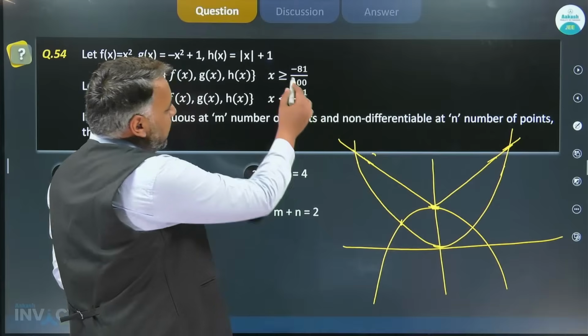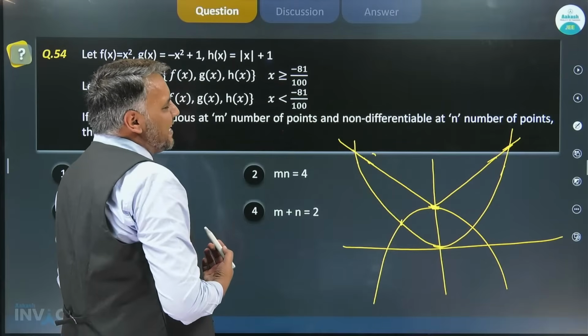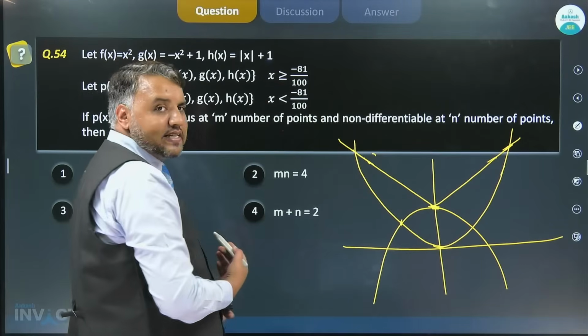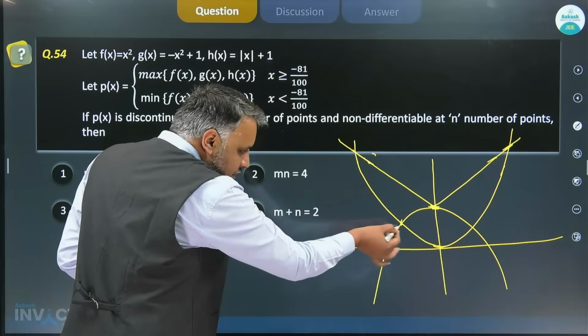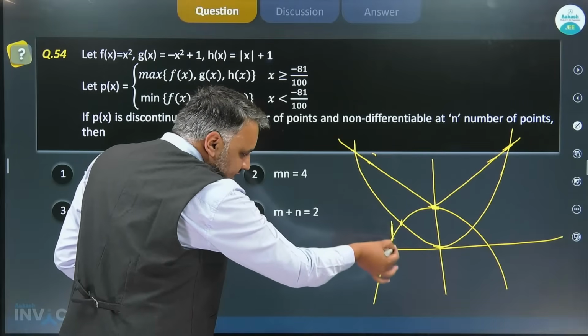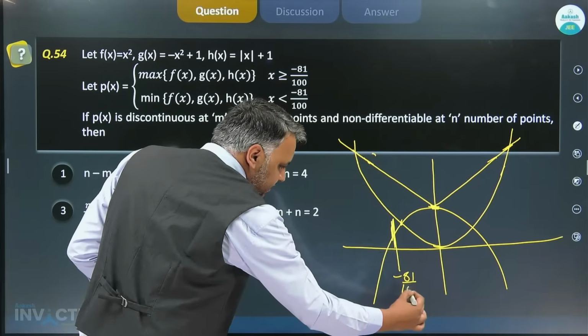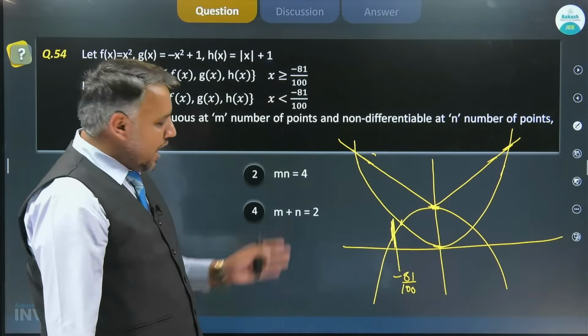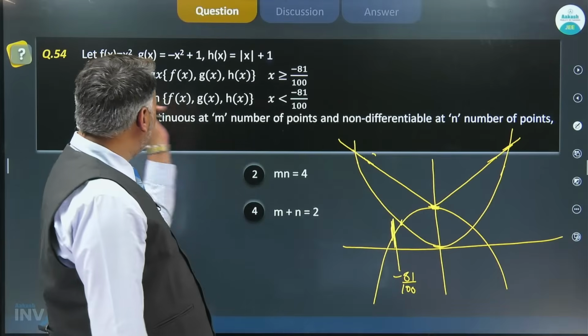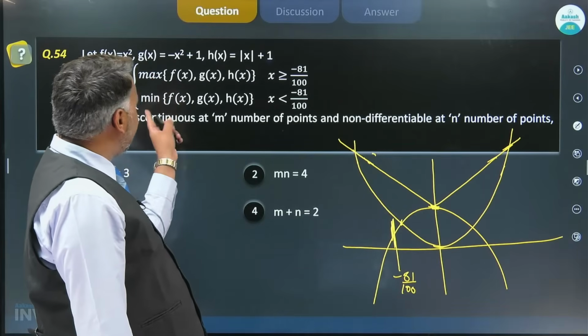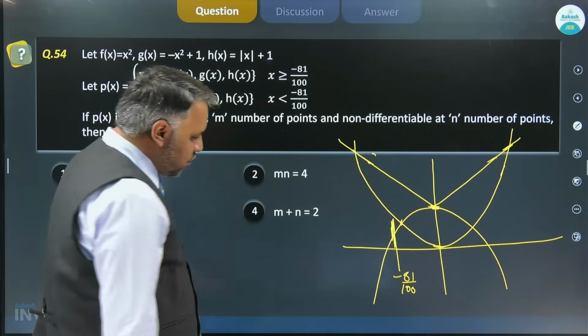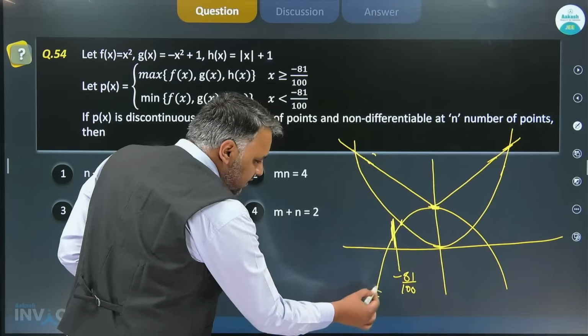So if we are looking at x greater than or equal to minus 81 by 100 or x less than minus 81 by 100, that point will be on the left side of their intersection, something here. So this is minus 81 divided by 100. So up to this point, p(x) will be minimum of these three functions. So minimum of these three functions means this.